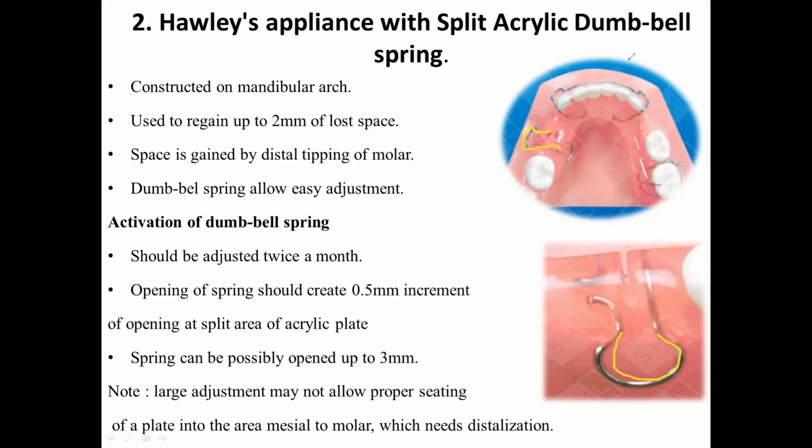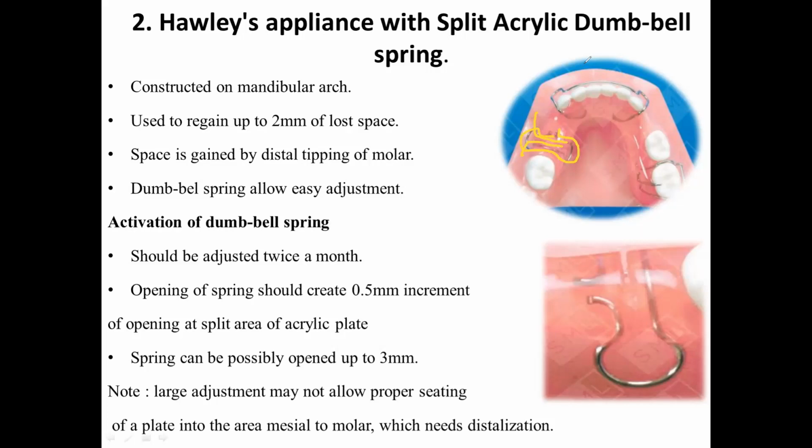Number 1 and number 2, here we have split the plate. The purpose of splitting the plate is, you see here, one part of the plate is here and the other part of the plate is here. This appliance, which is called a dumbbell appliance, is going this way from both ends and the plate is somehow joined by means of this dumbbell appliance.